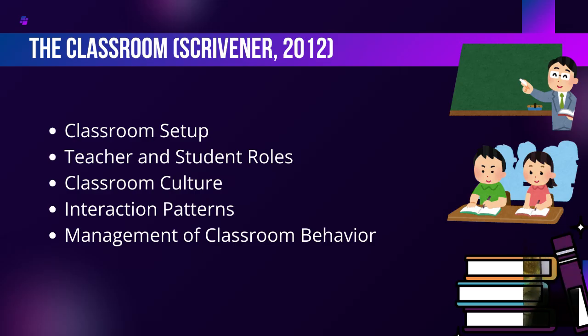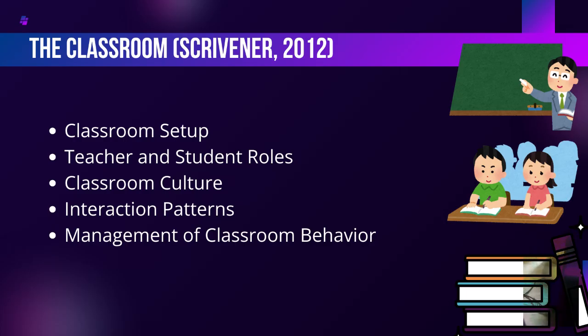The second one, we have teacher and student roles. The classroom is a space where the roles of teacher and students are central. So Scrivener emphasizes the importance of balancing authority with a supportive learning atmosphere. The teacher must be both an expert and a facilitator, guiding students through the process of language acquisition while maintaining an engaging and comfortable space for interaction.